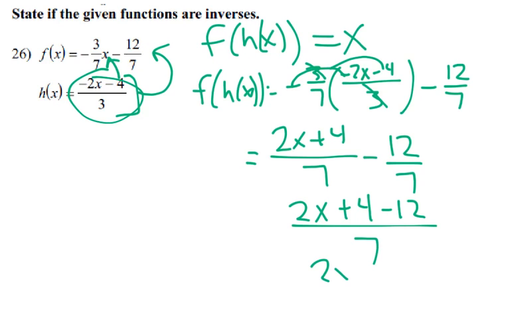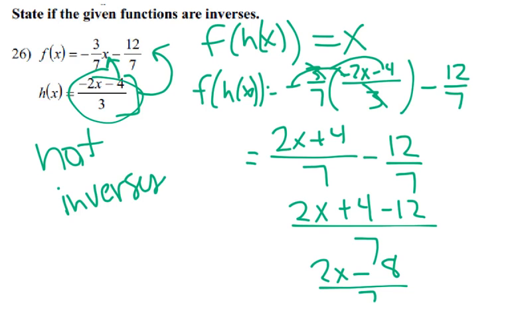That would be (2x minus 8) over 7. And we're pretty much out of luck right there, aren't we? So these are not inverses, because they didn't undo each other. Had they worked out, then it would have all disappeared and you would have been left with just x.